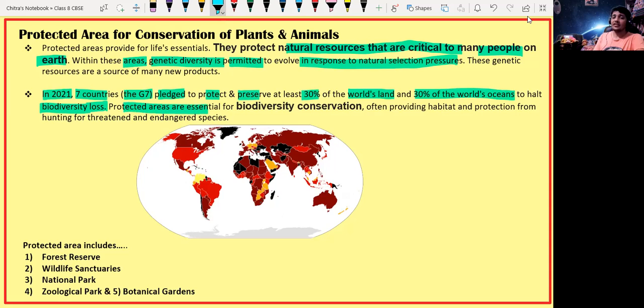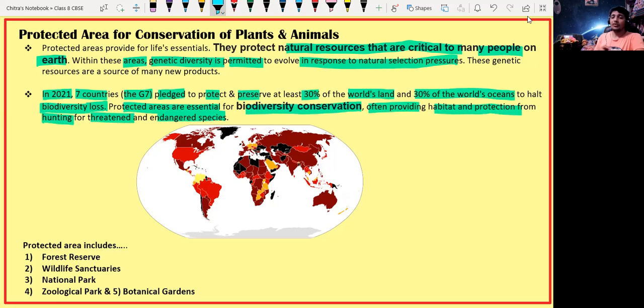Protected areas are essential for biodiversity conservation. By providing protected areas, biodiversity that is going to become extinct can be conserved. We can protect them from extinction, often by providing habitat and protection from hunting for threatened and endangered species.